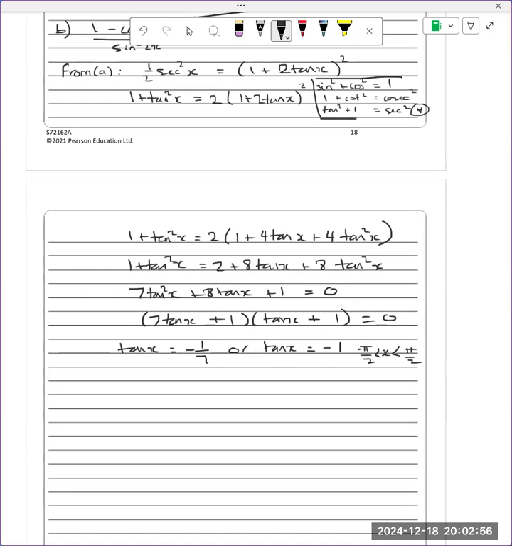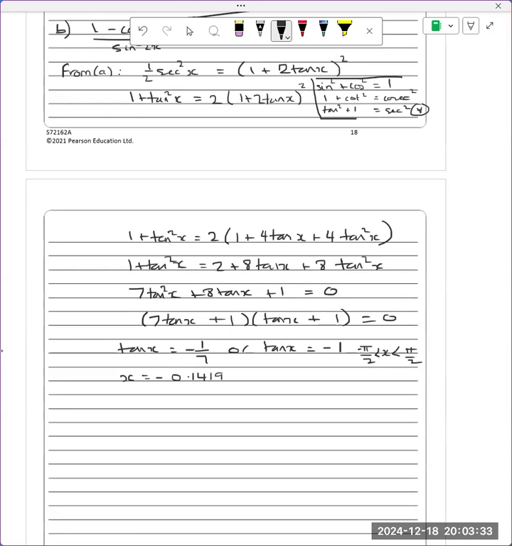So if we inverse tan in radians, shift tan of negative 1/7, we get x is minus 0.1419. And remember, the other possibilities are plus or minus multiples of 180 degrees or pi. So plus or minus m pi.